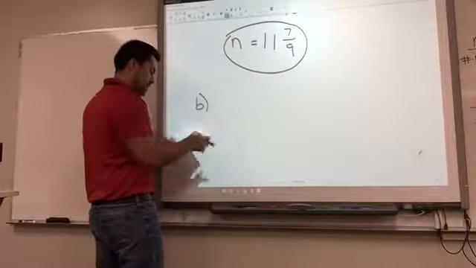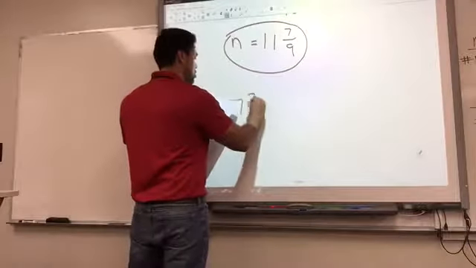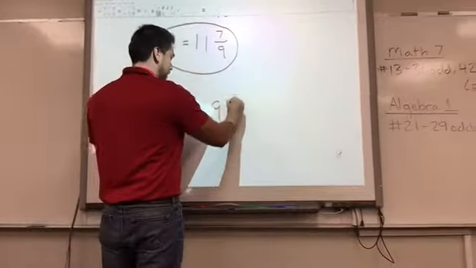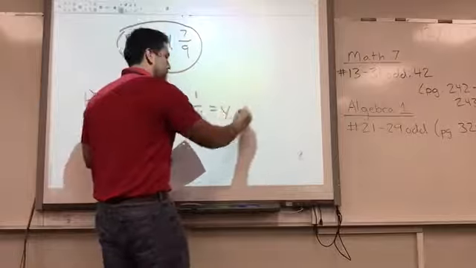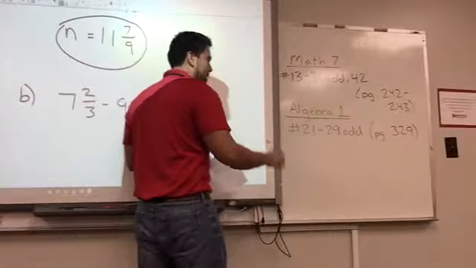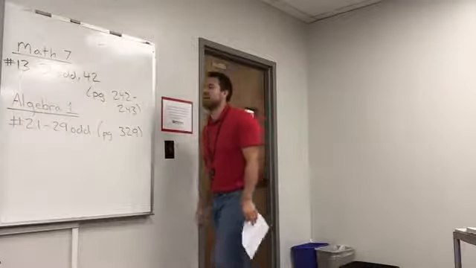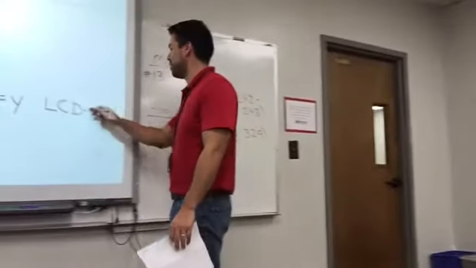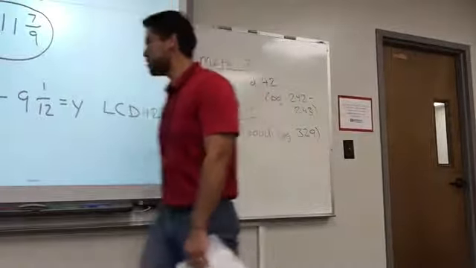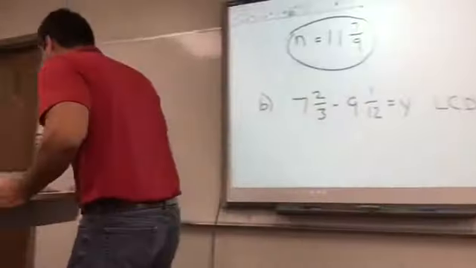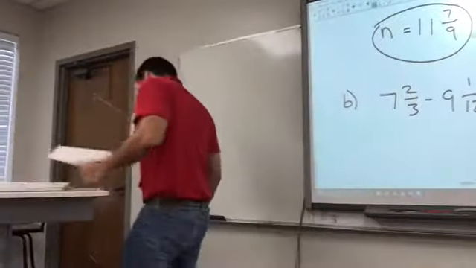All right, B. B is 7 2/3 minus 9 1/12 equals y. Find out what the LCD is. It's 12. It's one of the denominators, which happens, and that's good because it makes it easier.